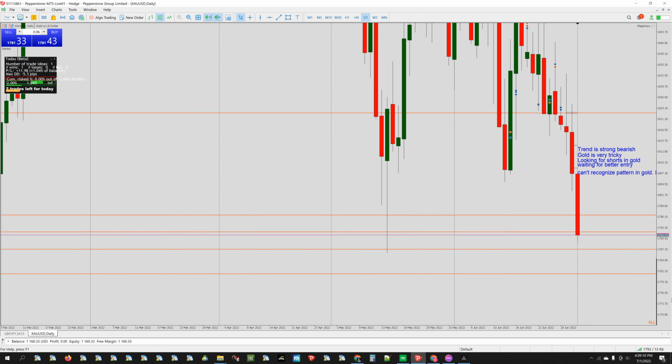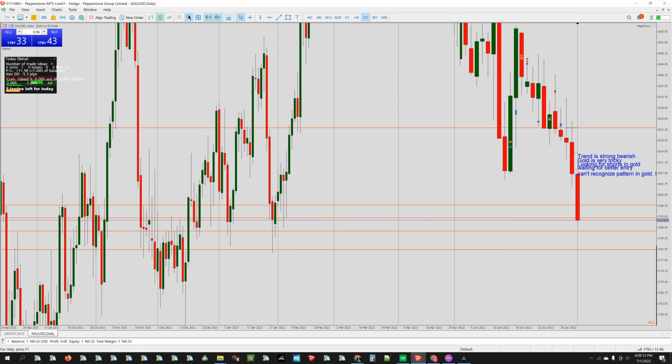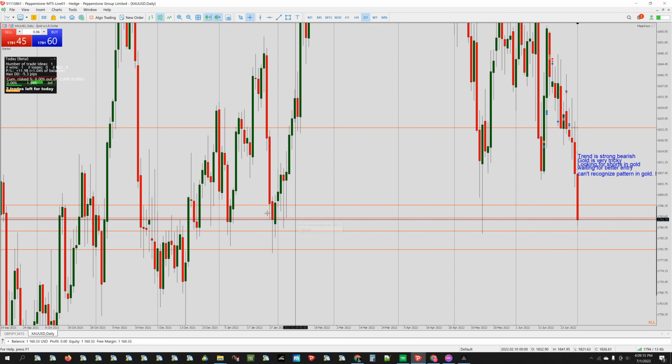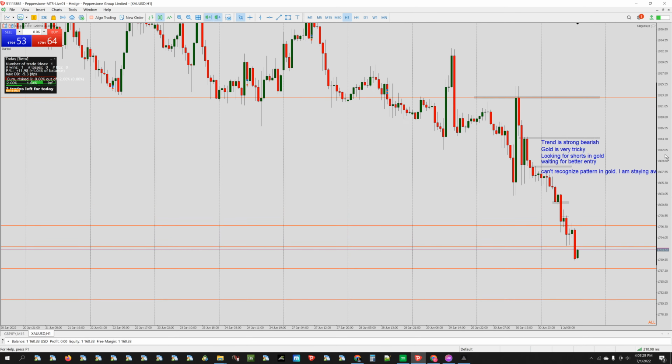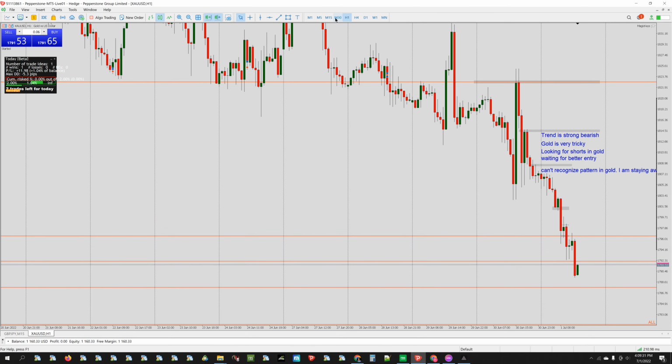We are breaking below strong support levels. 1791 is a very strong level. If we break and close above 1793 or 1796, there is a high probability we have done a fake out at this point, but we need more confirmations.